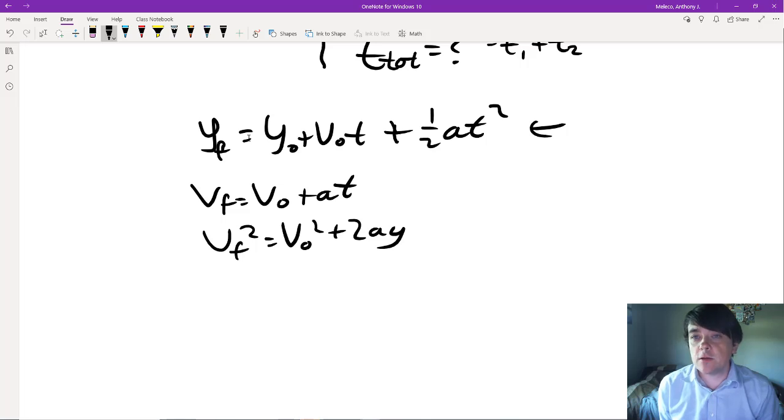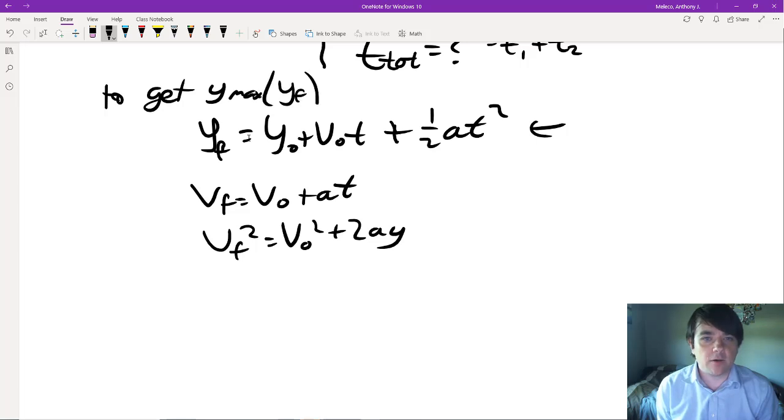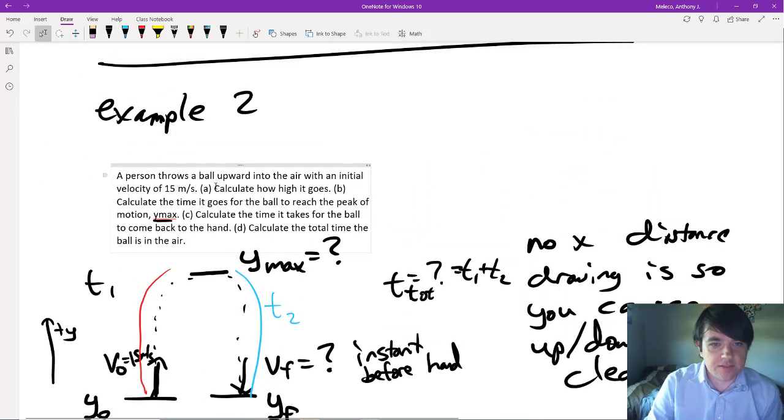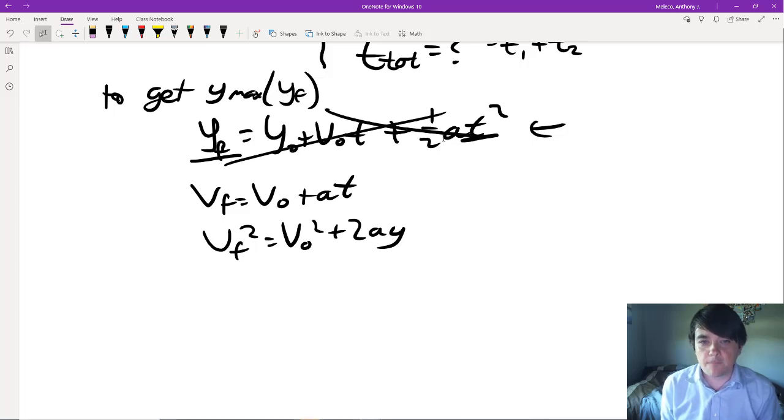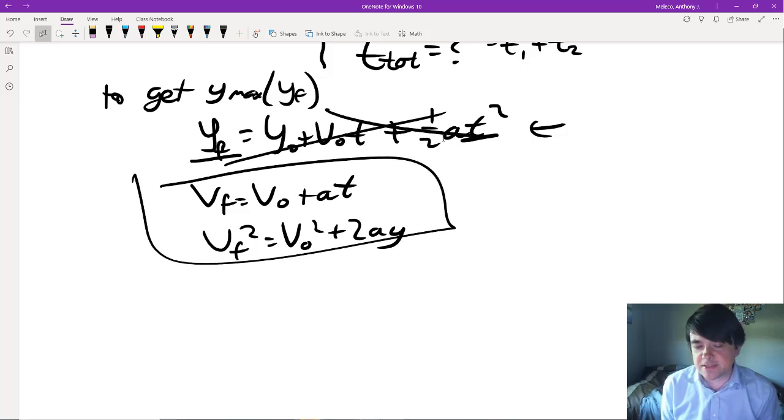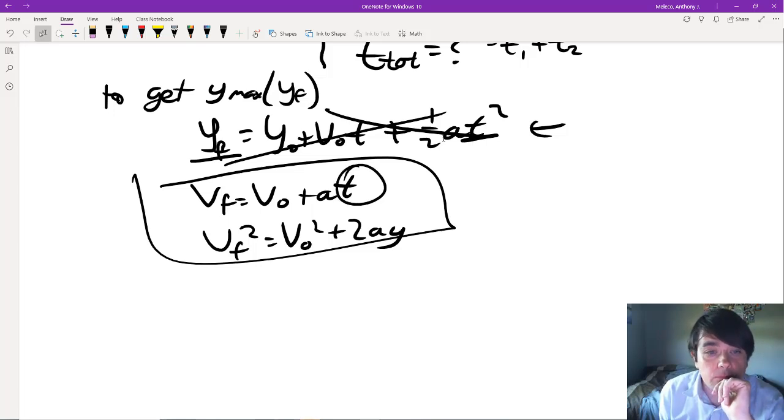So this would be, we want to get y max or y final, okay? That's one of the things we need to know. That's literally calculate how high it goes. And I don't think this can help us because we don't know this and we don't know time. So we can't use this guy. So we're forced to use these. So let's look at this. We don't know time. This guy we can't use either.